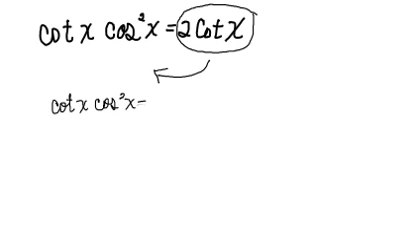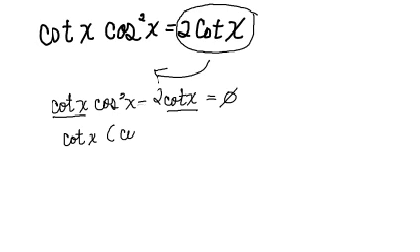Okay, and minus the 2 cotangent x. We're going to set everything to 0 because that's going to allow us for some factoring. We're going to be able to factor out the cotangent x. So we have cotangent x, which leaves us with the cosine squared x minus the 2 equals the 0 now.